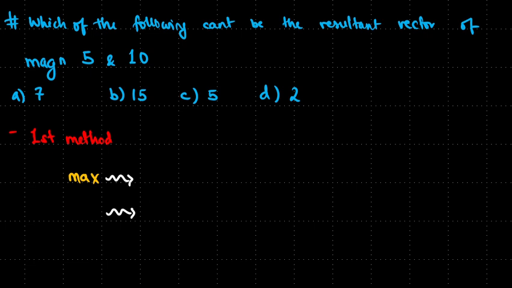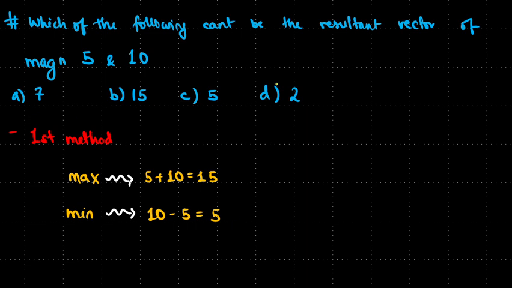The maximum value of the resultant that we can get is just going to be the sum of them, so 5 plus 10, which is 15. And the minimum magnitude of these two vectors is going to be 10 minus 5. Since you're going to subtract them, it's going to be 5.